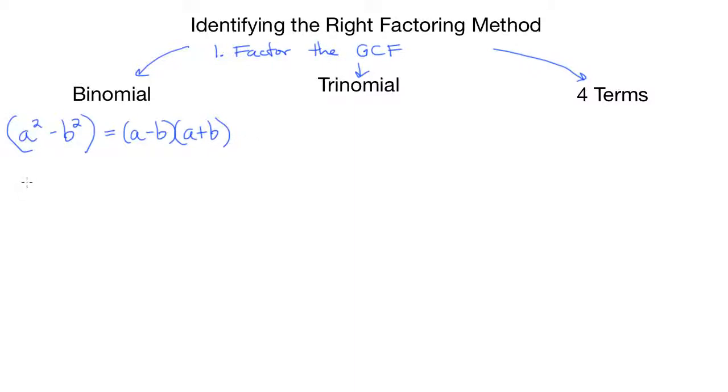We also have the difference of two cubes. If you recognize you have a binomial and it fits that pattern of something cubed minus something cubed, well then you can factor it into a minus b times a squared plus a times b plus b squared.